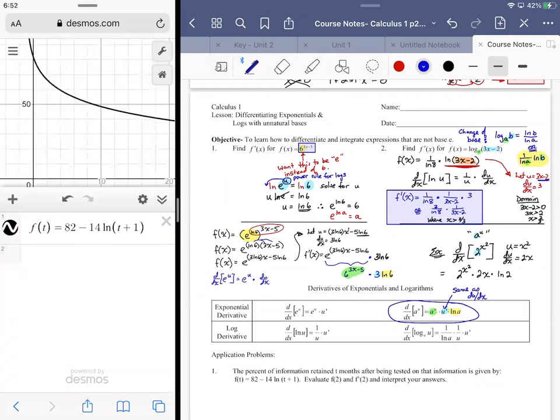Now, contextually, you should probably get there anyway, because it's saying the percent of information retained t months after being tested on that information is given by this. So you've got to imagine that in this context, the maximum percentage would be 100. Like you retained all of the information, as opposed to percent growth where you could have some value over 100.